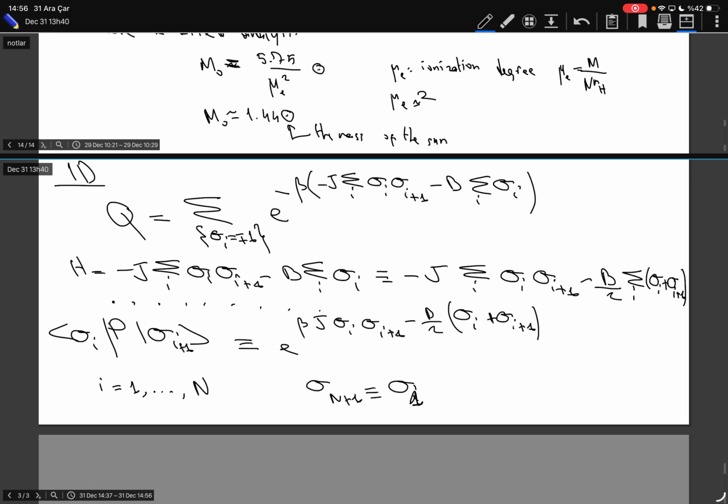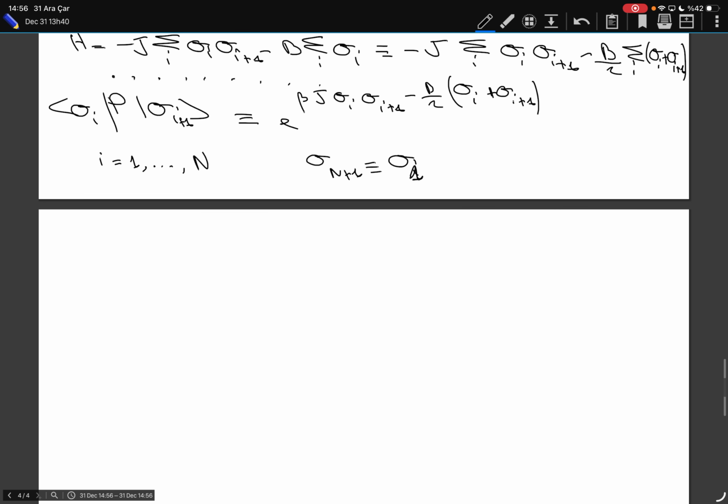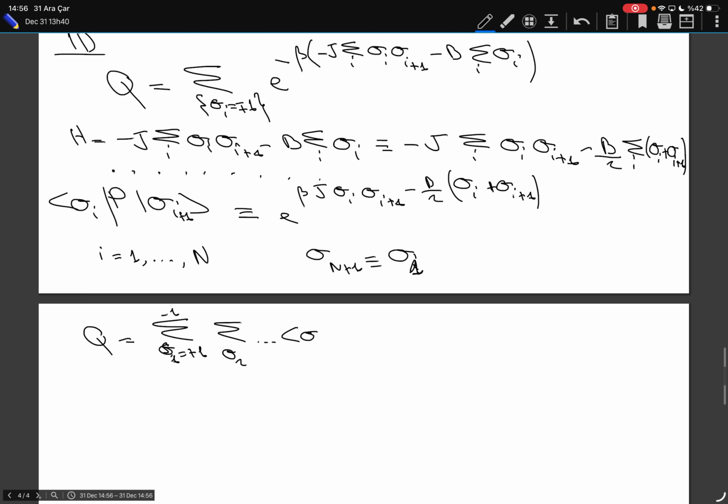So what is my Q? Sum over sigma 1 plus or minus 1, sum over sigma 2, of sigma 1 P sigma 2, sigma 2 P sigma 3, up to sigma n P sigma 1. I have n plus 1 equal to 1.